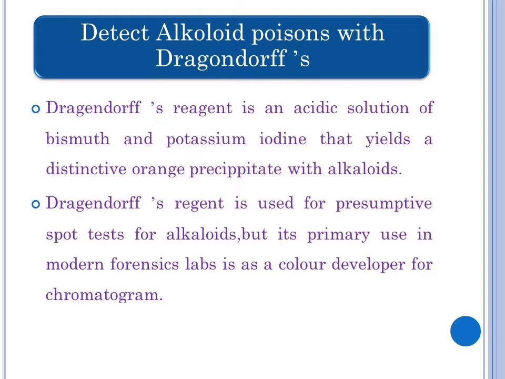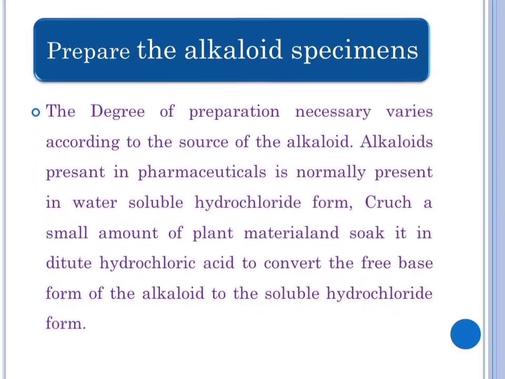This reagent is sprayed on paper or TLC chromatograms, where it develops any alkaloid spots present to a distinct orange hue. By calculating the Rf value for each of those spots, a forensic scientist can unambiguously identify the specific alkaloids present on the chromatogram.